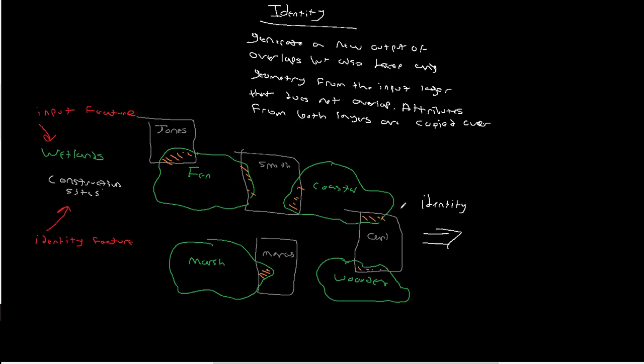So this is just like what we did with the intersect. And indeed, we're going to draw them, and I'm going to draw this in a different color. Let's have the output be purple. So we're going to draw them to the best of my ability, the overlapping areas, okay?